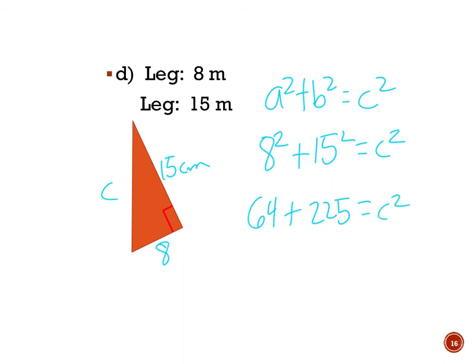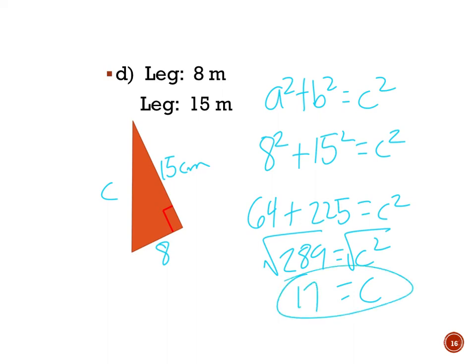So 64 plus 225 equals 289, which equals C squared. To get just C, I need to take the square root of both sides. The square root of C squared equals C, and the square root of 289 is 17. So C equals 17.